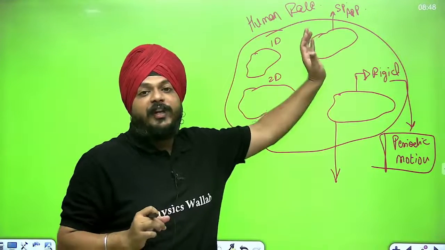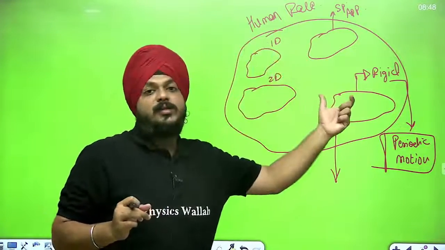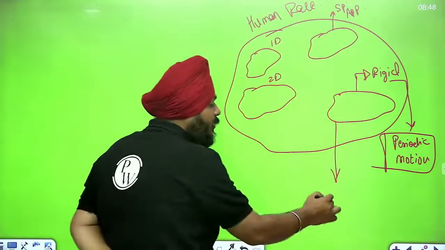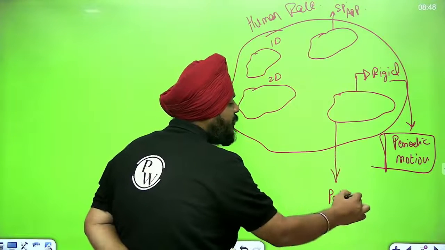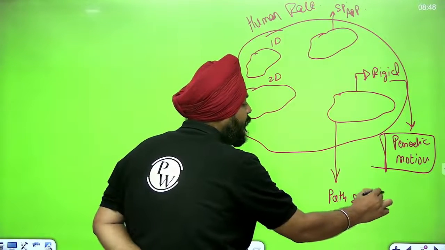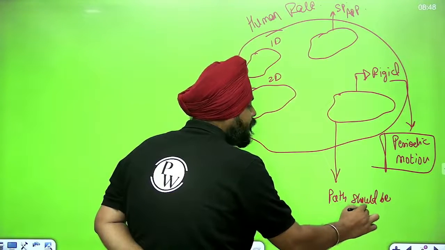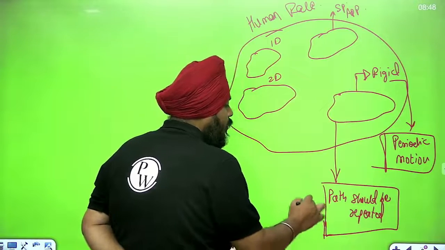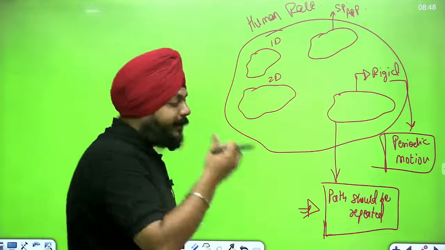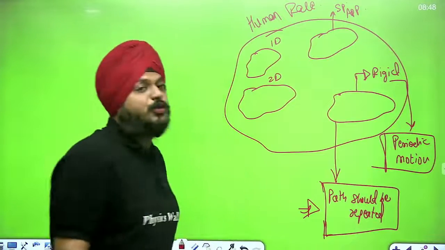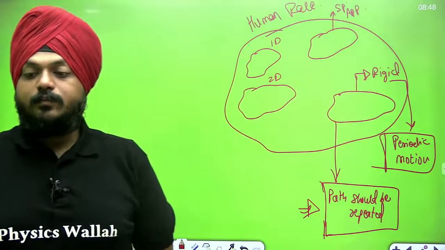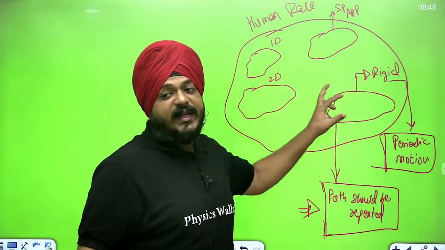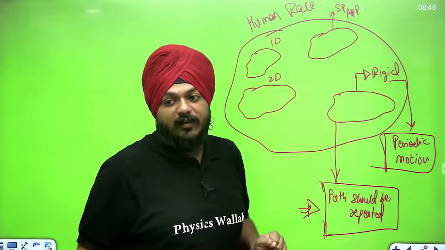All the others have freedom, but this one has a compulsion that within this civilization, the path should be repeated at regular intervals of time. This is the rigidness of this civilization.